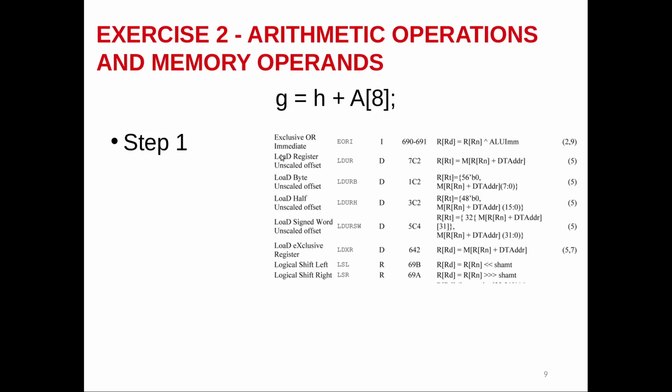We can see that among the instructions, we have the load instruction. The load instruction will load a value from memory into a register. So we can consider a solution for this calculation: we load the 8th value of memory A into a register, and then we add those 2 registers together and store it into G.